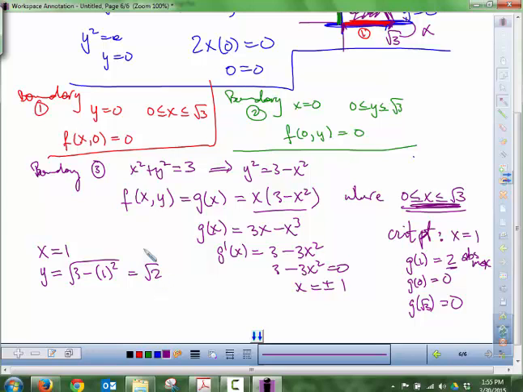And we can just ignore the negative because we just want positive values. And then our z value looks like it's going to be 2, right? So that's how we got this value. But if you want to put 1 comma square root of 2 into the original equation, you'll also get 2.